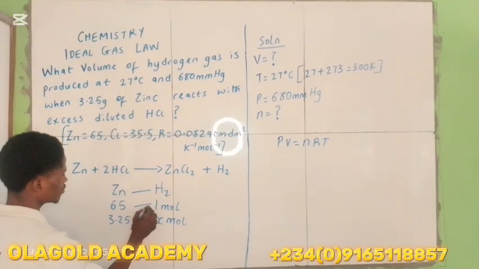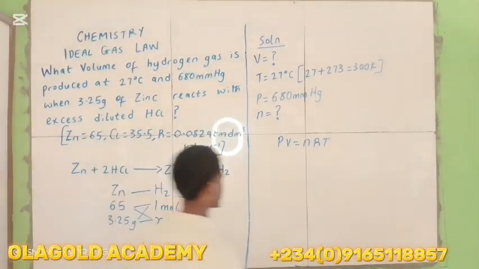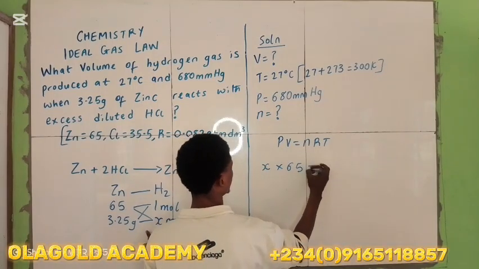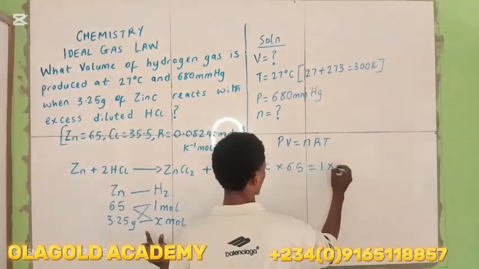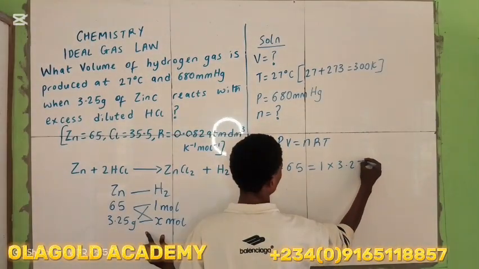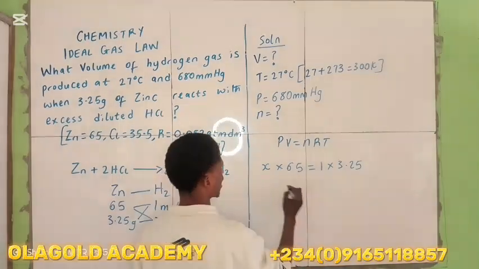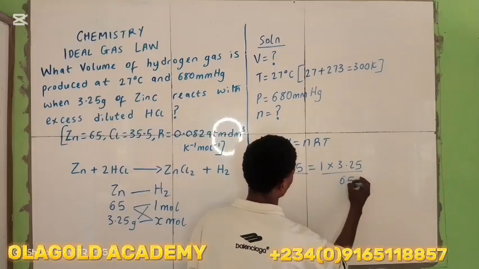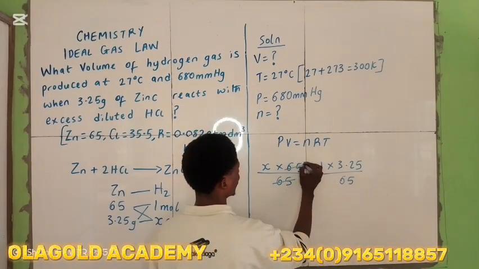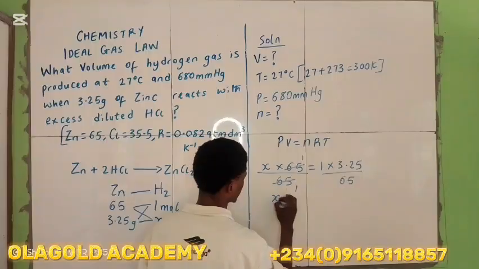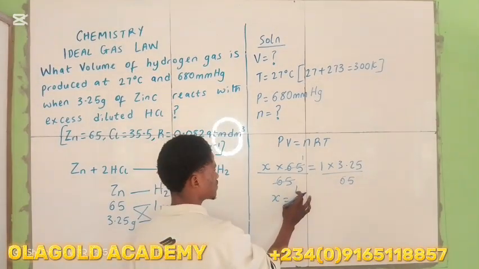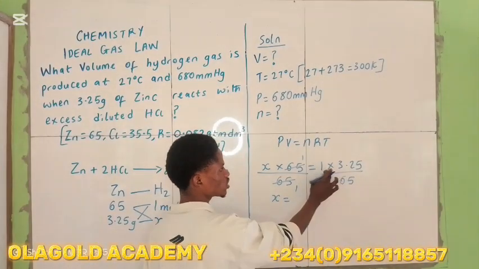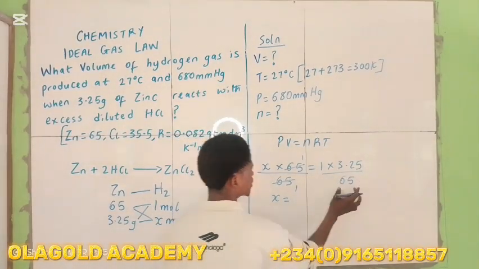If you cross multiply, we are going to get x times 65 equal to 1 times 3.25. The next thing is to divide by 65. So we have 65 over 65, which is 1, and x equal to 1 times 3.25 divided by 65.